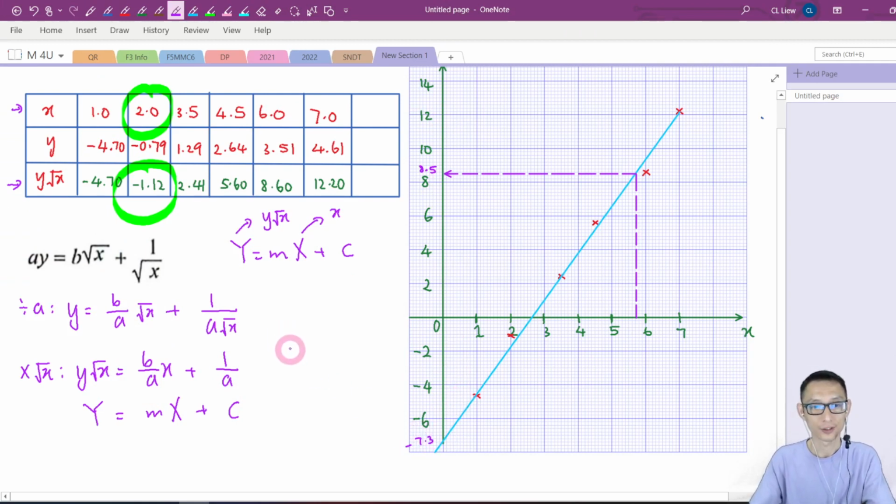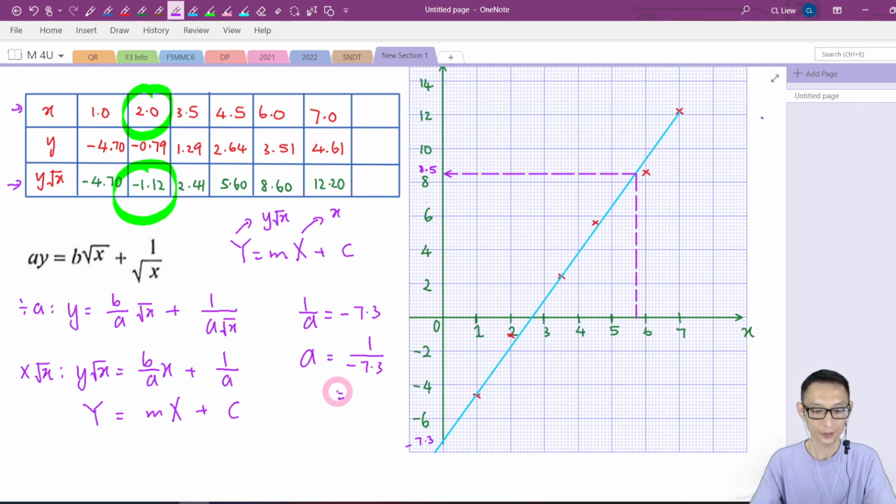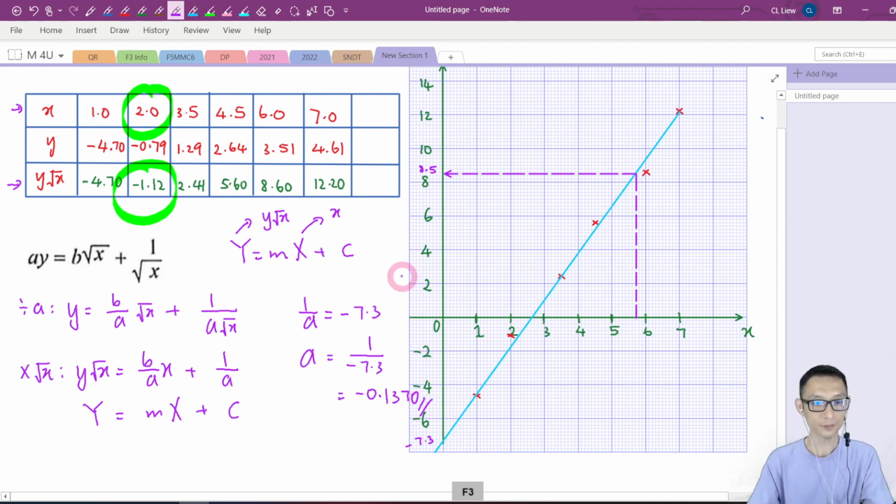So -7.3. 1 over A is equal to negative 7.3, right? So A is equal to 1 over negative 7.3. Just press your calculator, 1 over negative 7.3. Okay, negative 0.1370. This is the value of A.